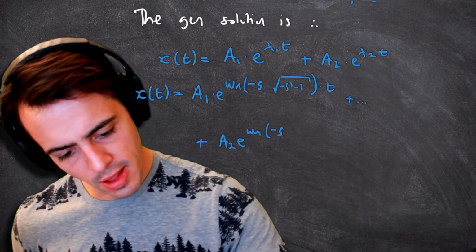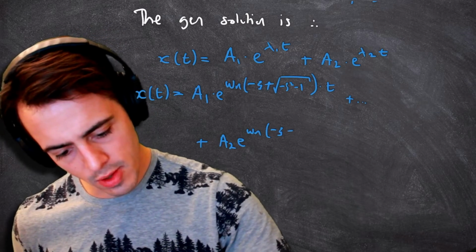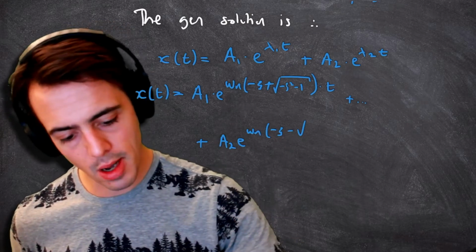This shouldn't be a plus or minus, that should just be a plus, because I'm putting these in as the two separate roots. So that one's a plus, this one becomes a minus.